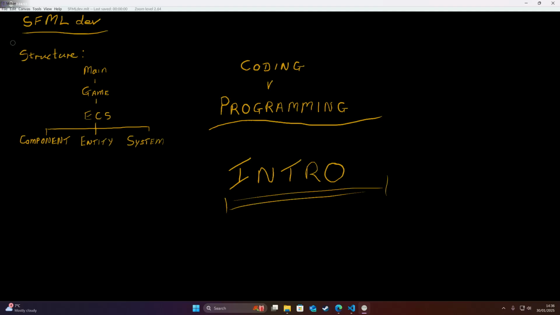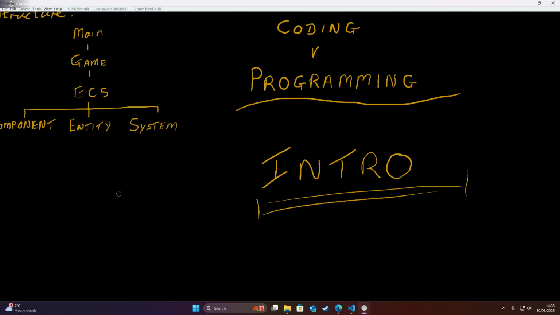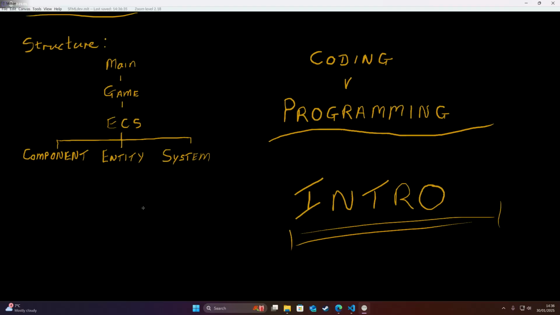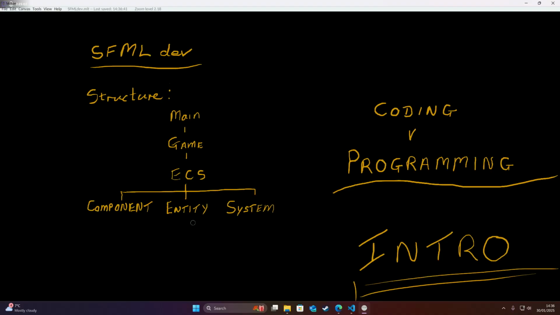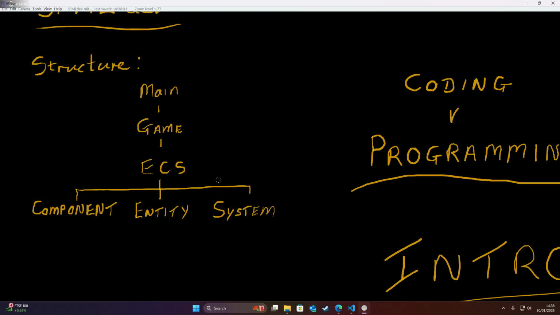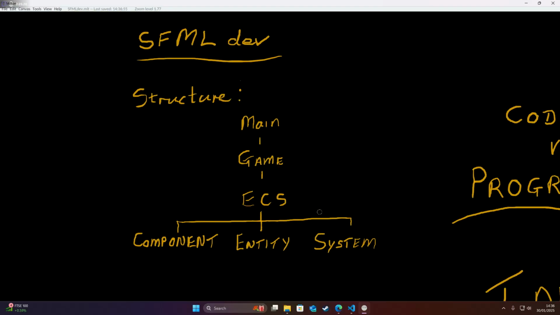Yeah, I've got rid of that tab. So it was a main game ECS with the ECS splitting off into a flat system for structure. Is that what's happening here?